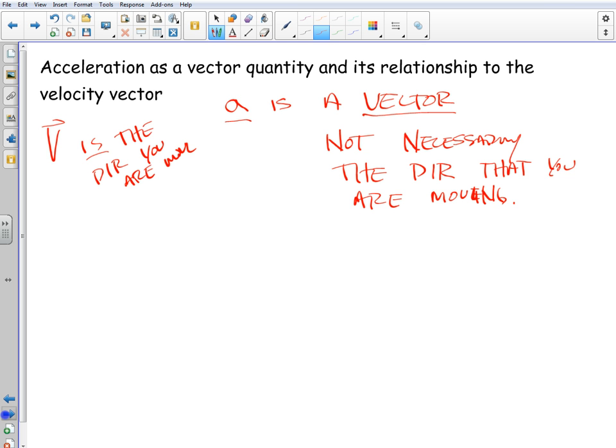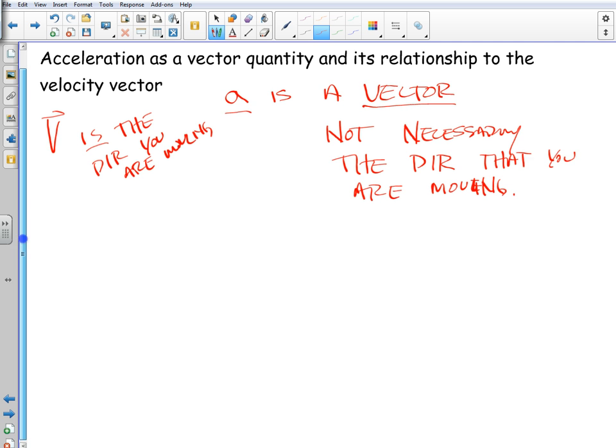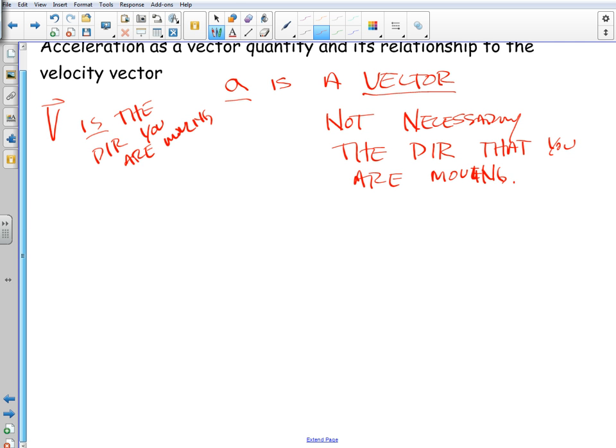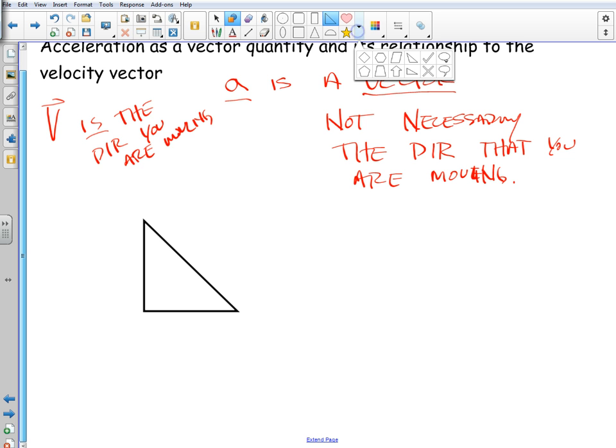So here's what I want to point out. If I have a ramp, I don't want that ramp. I want one that stretches out. Hold on. This ramp. That'll work.